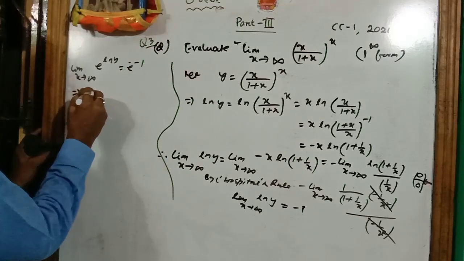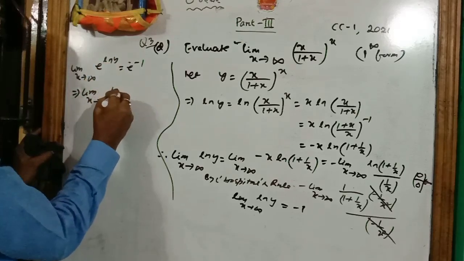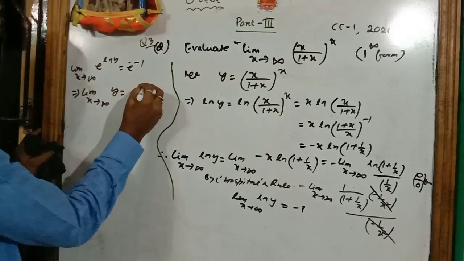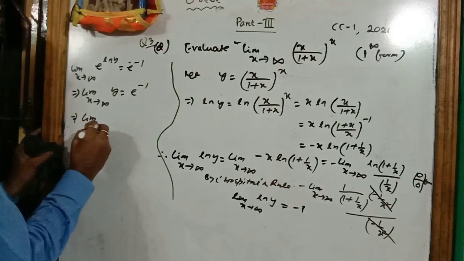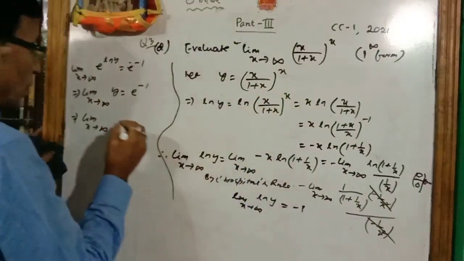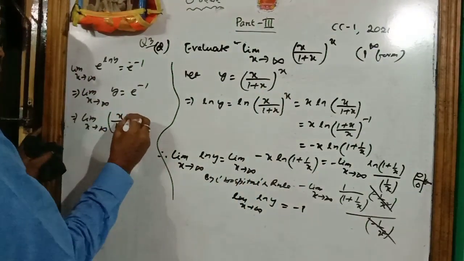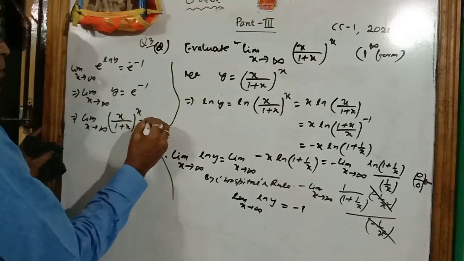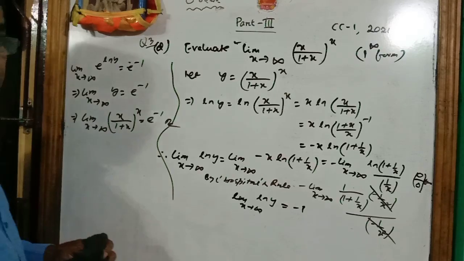And we know that e to the power log y is y, so y tends to e to the power minus 1. Now this implies that as x tends to infinity, y is equal to (x divided by 1 plus x) whole to the power x, which will tend to e to the power minus 1. That is the answer. Thank you.